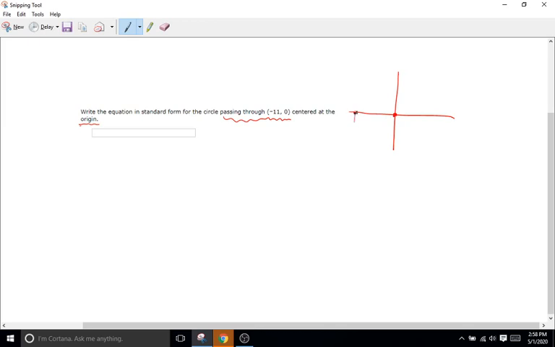This is about -11. This is 0. And so if we know the origin is our center and (-11, 0) lies on the circle, that means our circle is going to look kind of like this, except less messy. Oh boy. Well, we'll go with it.